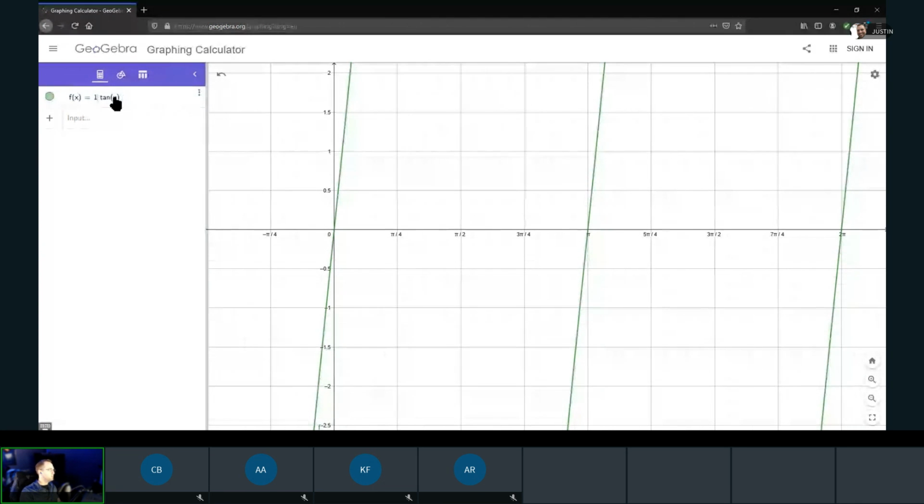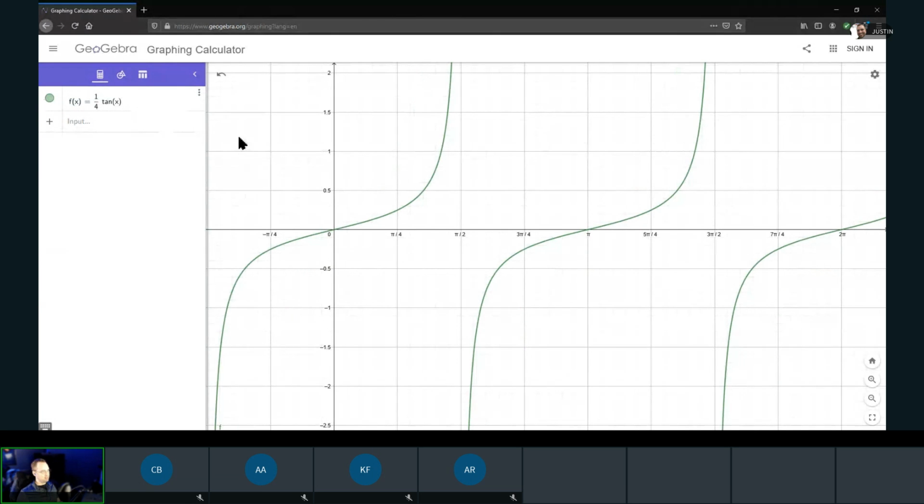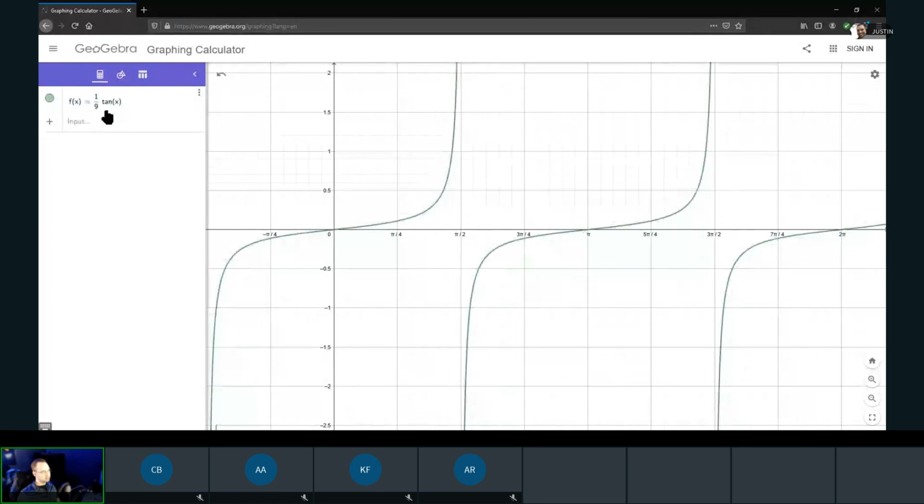If I change it from a 1 to, let's say, a fourth, it becomes less steep. And if I change that even smaller, like to a ninth, even less steep. So it changes the steepness.